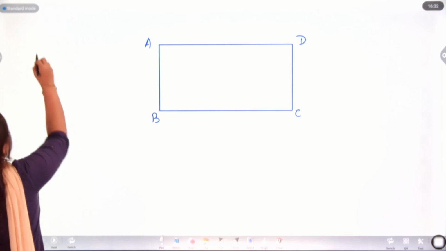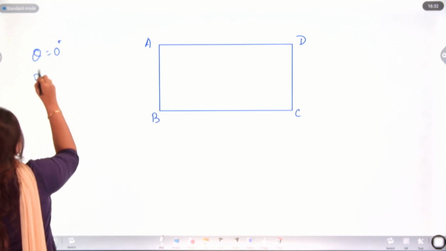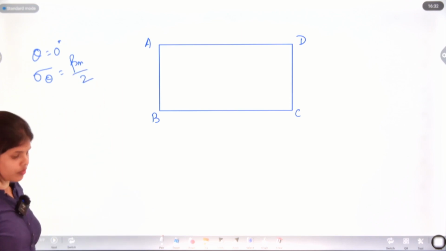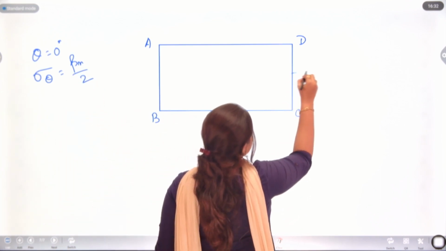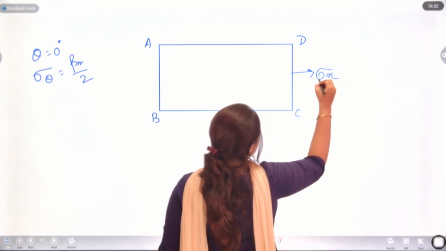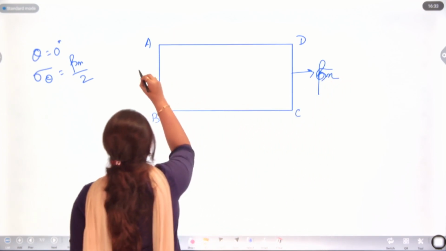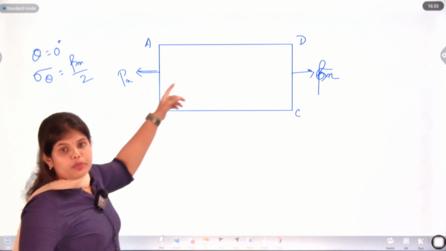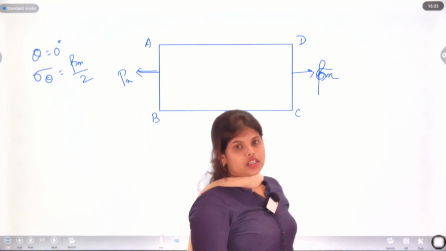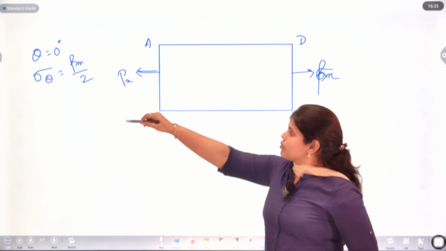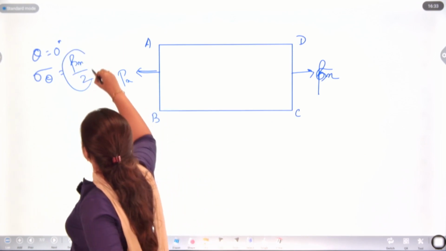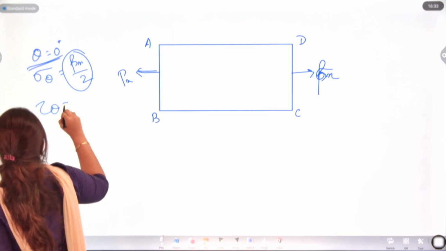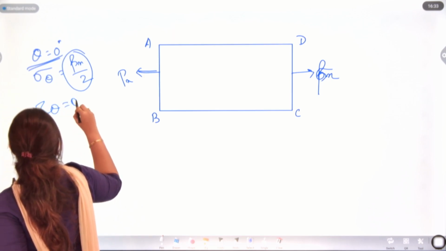So, when theta is equal to 0 degree, sigma theta will be Px by 2. Here uniaxial load is applied already, that is our Px. Due to Px there will be sigma x. So, at theta equals 0, sigma theta equals Px by 2, and tau theta will be 0.